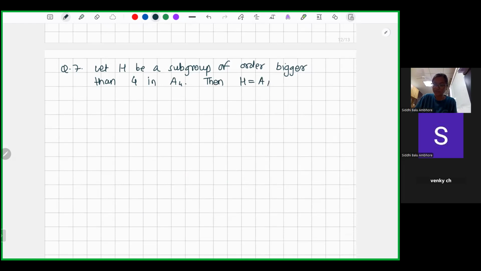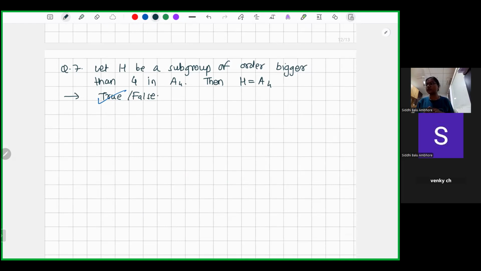We'll try to see how much we can do with this. But this statement, again, we have to check whether this is true or false. And this is true. Okay, and we will try to prove this.